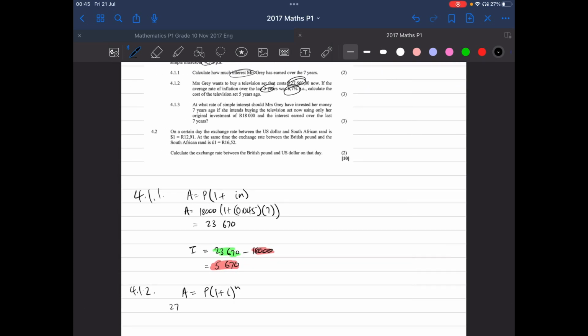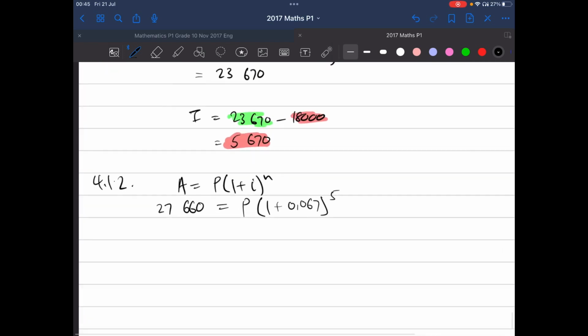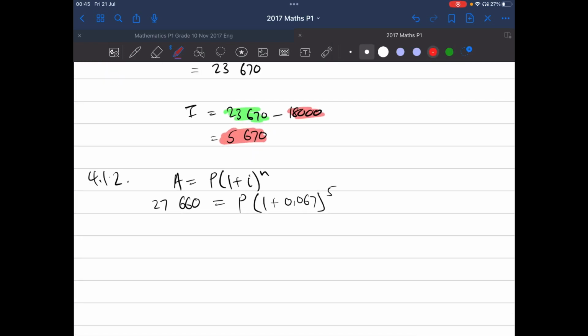So it's 27,660 equals, and remember we're solving for P now, (1 plus 0.067) to the power of 5. Okay, so now you can put this whole thing into the calculator.